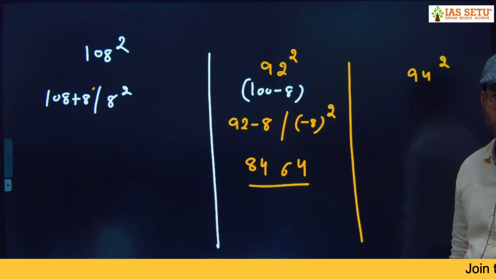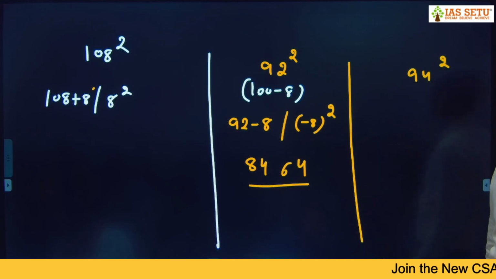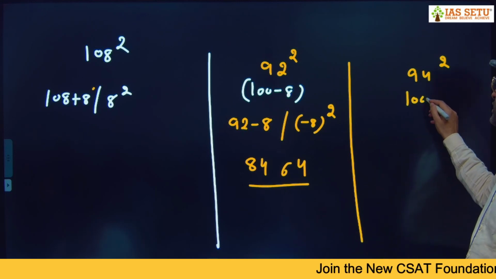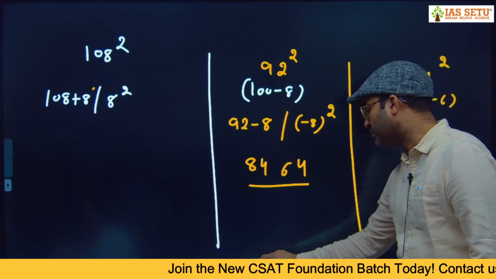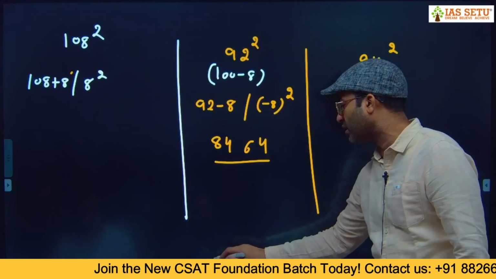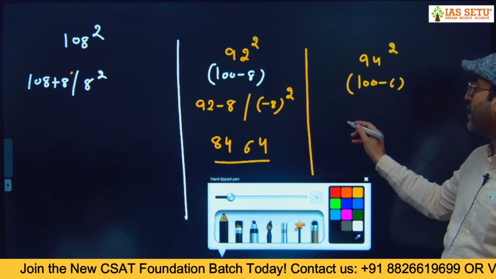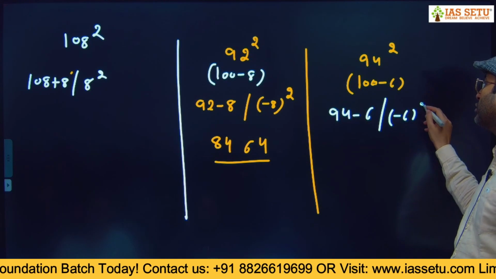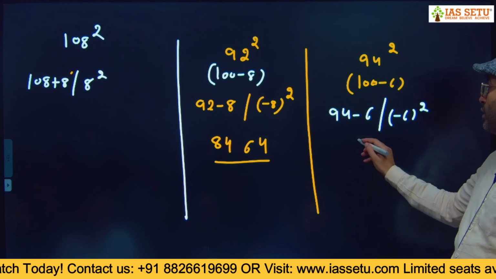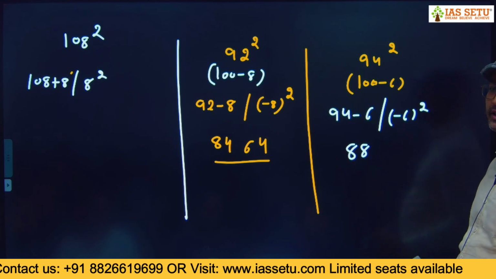So what is 92 square? 8464. Or wait, like if we have to find 94 square, it is 100 minus 6. So minus 6 will help you because this value is 6 less than our 100 base. So here left side value will be 94 minus 6. Right side value is minus 6 square. Now here it is 88. What is 6 square? 36.